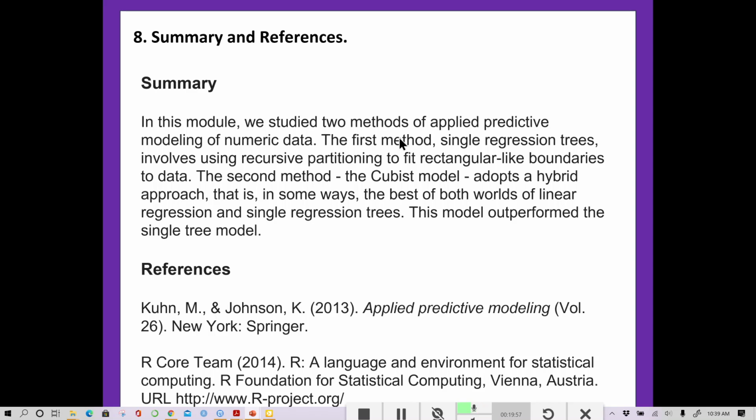We've studied two methods of applied predictive modeling to compare: the single regression tree, which uses recursive partitioning to fit rectangular boundaries to data, and the Cubist model, which uses a hybrid of linear regression models and single regression trees. What we found is that the Cubist model outperformed the single regression tree model.